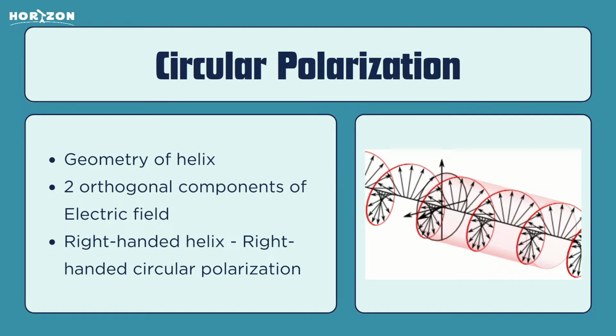Let's take a look at the circular polarization in a helical antenna. The circular polarization of an axial mode helical antenna arises due to its geometry with the rotation of the electric field vector. The electric field can be thought to have two orthogonal components: a horizontal polarization due to the currents in the loops, and a vertical component due to the helical progression.